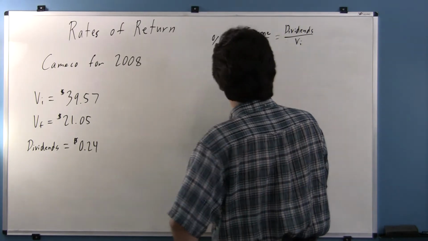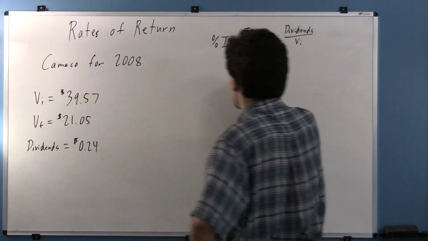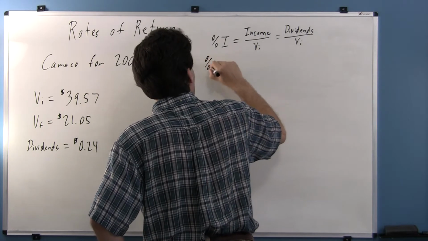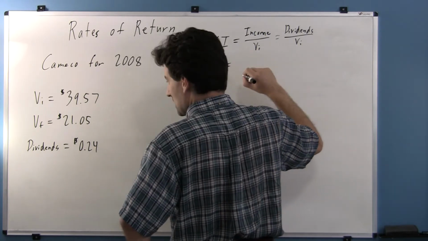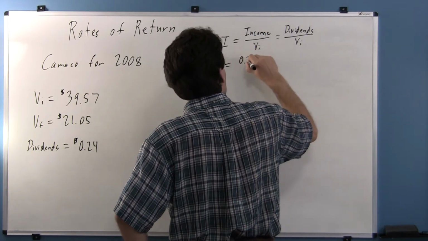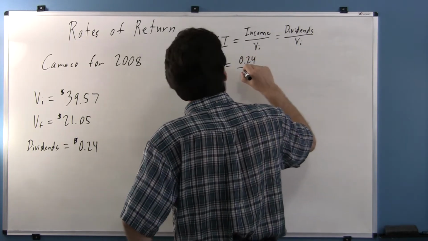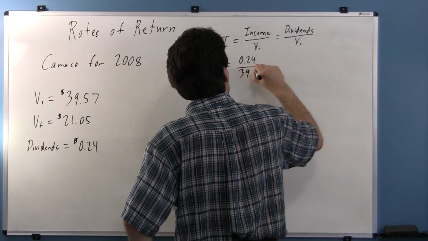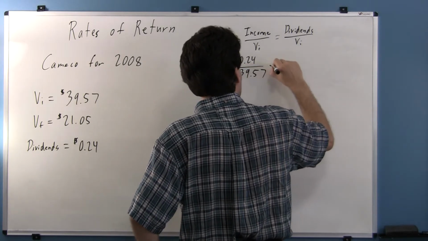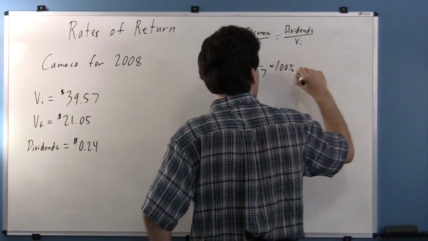In both cases, yes, we're going to turn it into a percent afterwards. So percent I is going to be $0.24 divided by 39.57. And then yes, we'll times that by 100%.